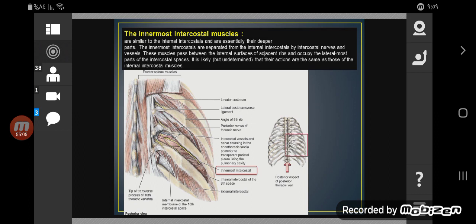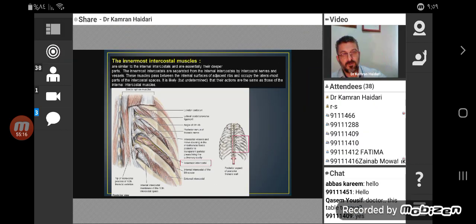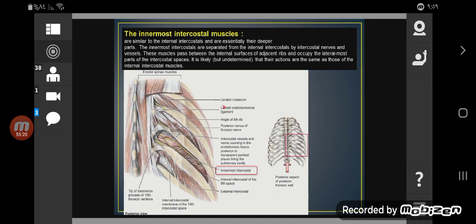We have actually two levators, with differences in the location of the insertion of each muscle.